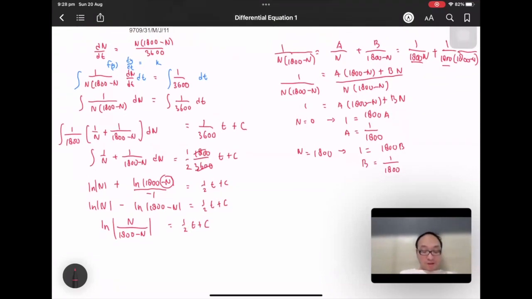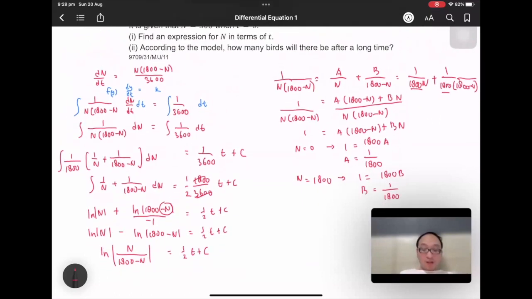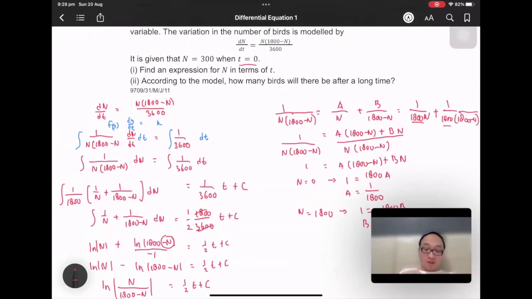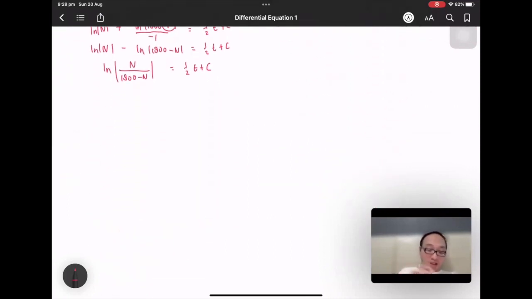So we can find the c first. When t is 0, we put in the information. When t is 0, n is 300. So ln of 300 over (1800 minus 300) equals 1 over 2 times 0 plus c.